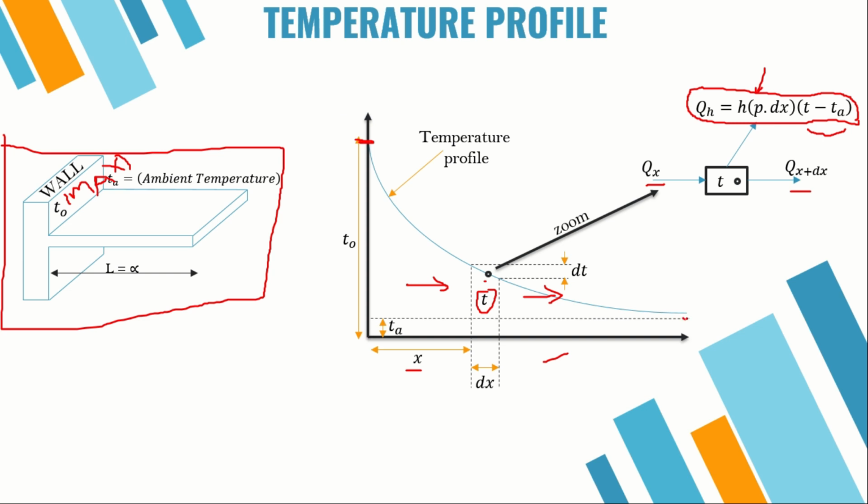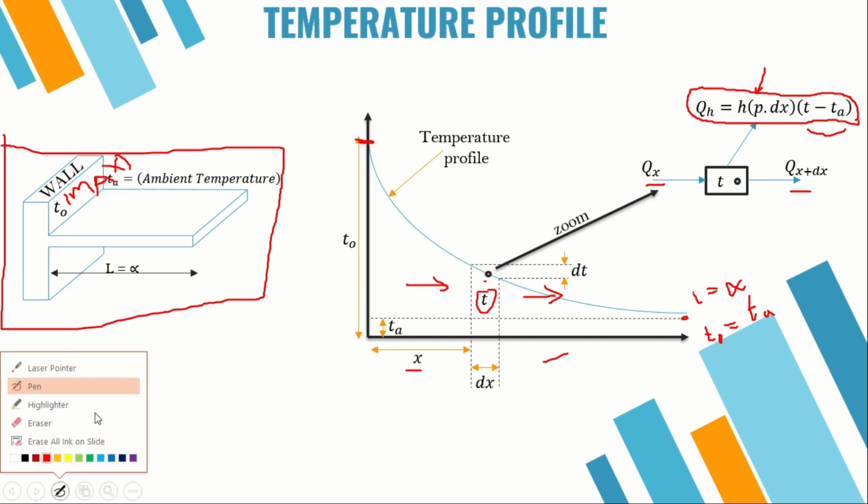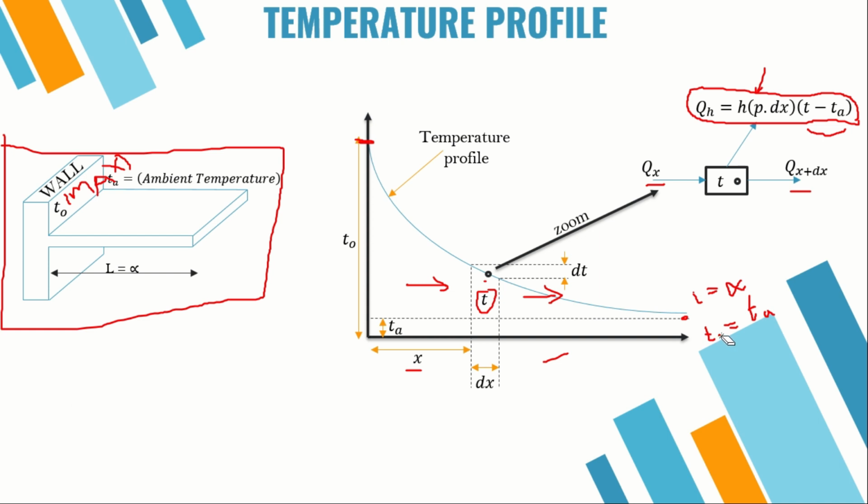At this point of the curve, when the length is approximately equal to infinity, we can say that the temperature is equal to Ta, not T naught, simply the temperature is equal to Ta.